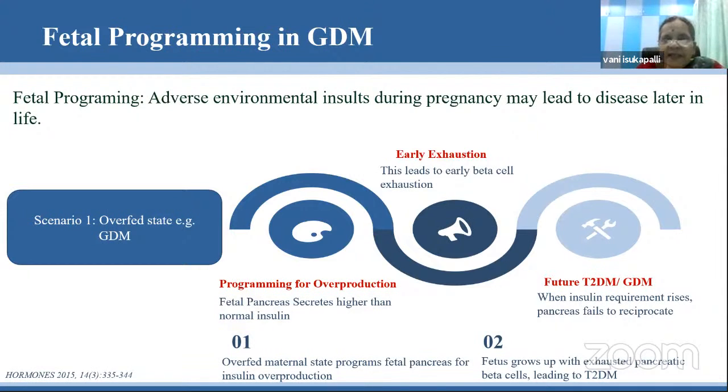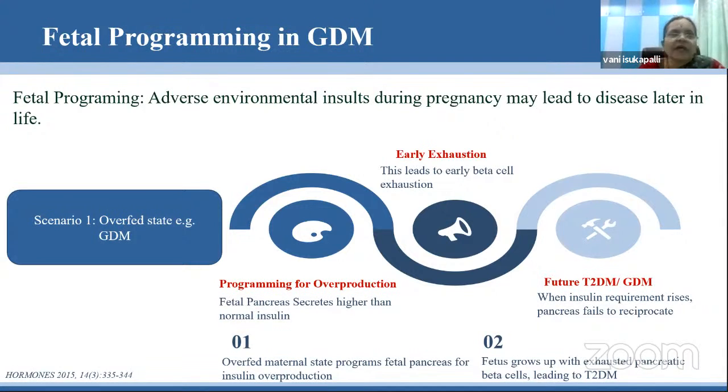Hence the fetal pancreas secretes a large amount of insulin than normal to counteract this extra glucose load, and therefore early exhaustion of the beta cells for that fetus happens, and there is a tendency for this fetus in later life to have future type 2 diabetes mellitus, because the pancreas fails to reciprocate the increased demand later in life when it happens.